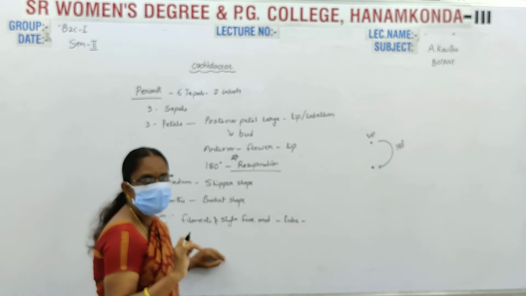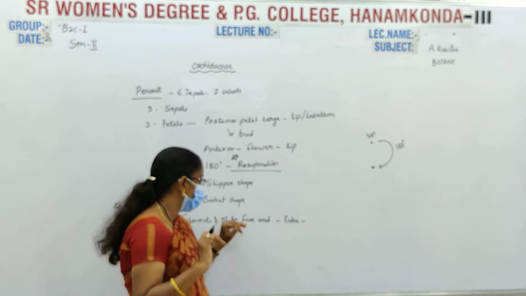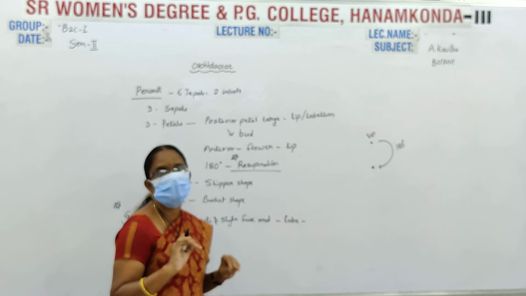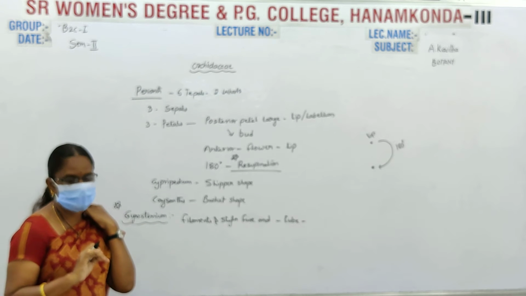Gynostomium. Gynostomium means the stamens, filaments and the styles fuse and form a tube-like structure that is called as gynostomium.